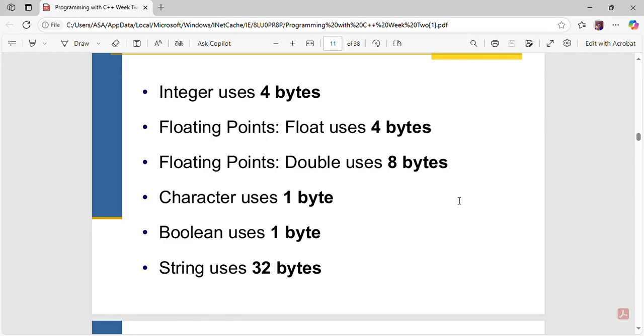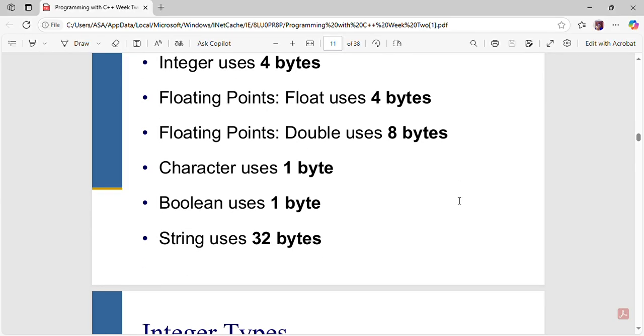The character uses 1 byte, boolean also uses 1 byte, and then the string uses 32 bytes, which is the combination of letters, numbers, and symbols. Since it's a combination, it uses a bigger space, that's the 32 bytes.